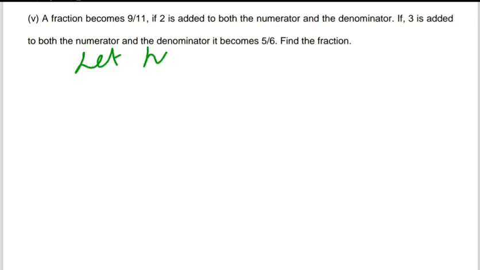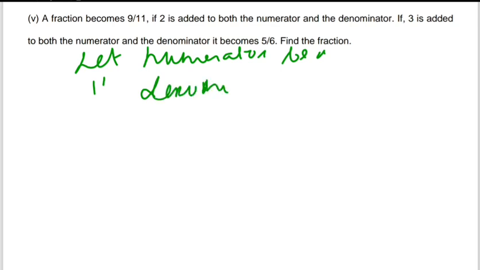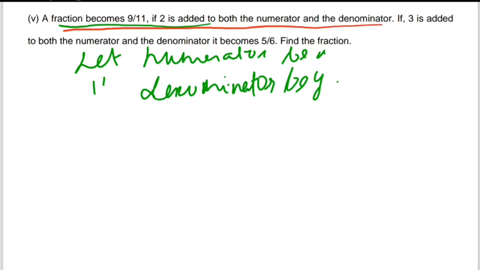Let the numerator be x. Similarly, let the denominator be y. So according to our first condition, they are saying that a fraction becomes 9 by 11 if 2 is added to both numerator and denominator.